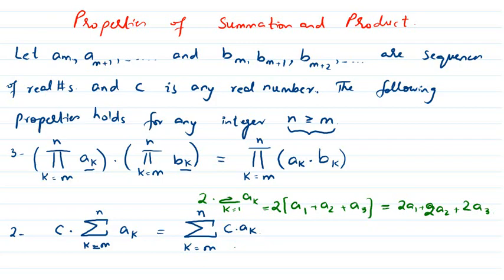So same like summation, the products can also be merged together within a single pi, but both should have the same span.